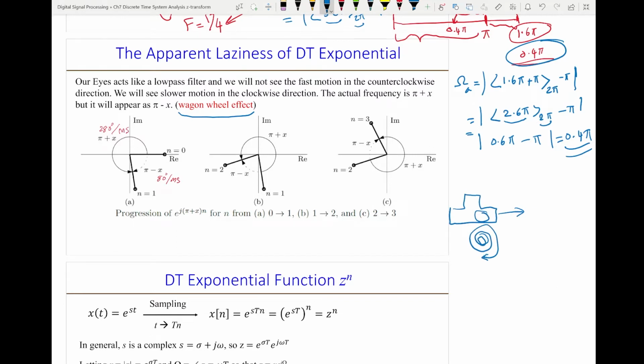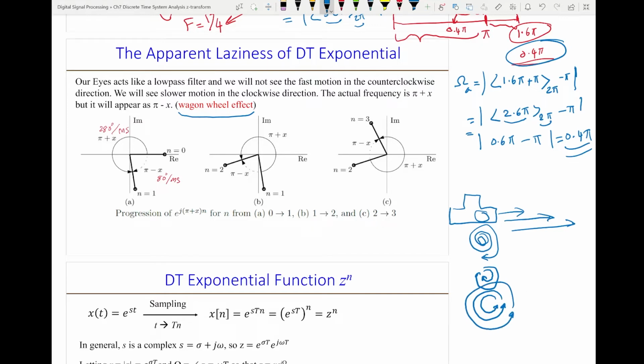But as the car speed increases, suddenly you will start seeing the wheel spin in this way at a very fast rate. But suddenly, as the speed increases, you start seeing the wheel spinning in this direction at a slower rate.